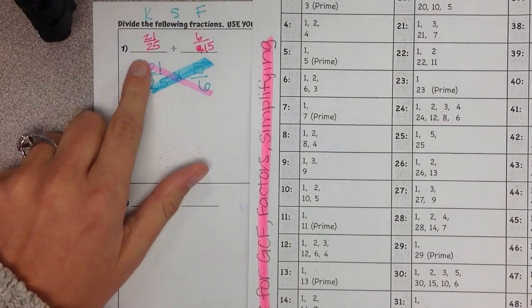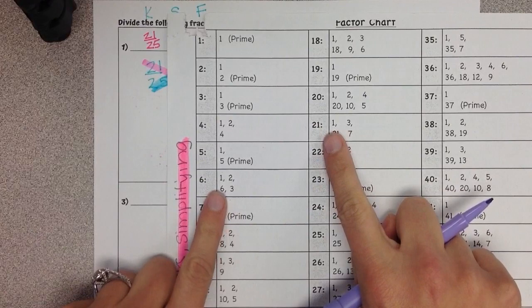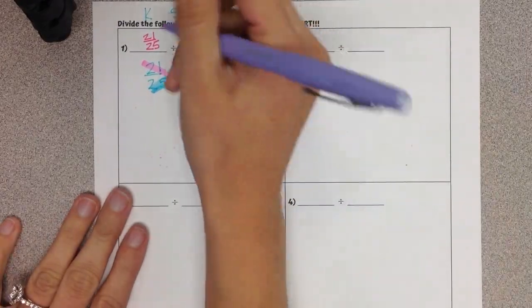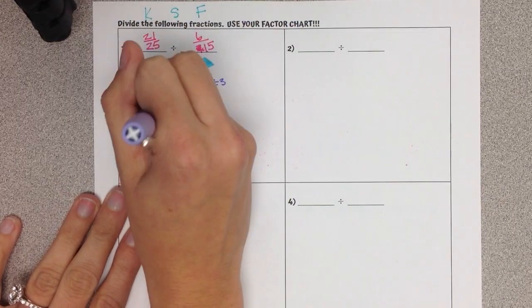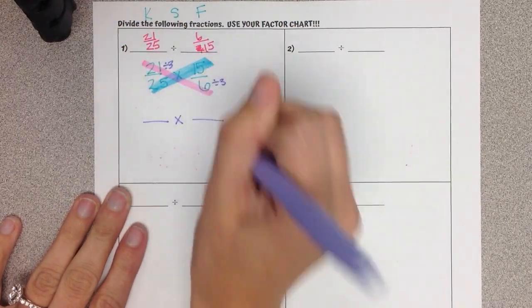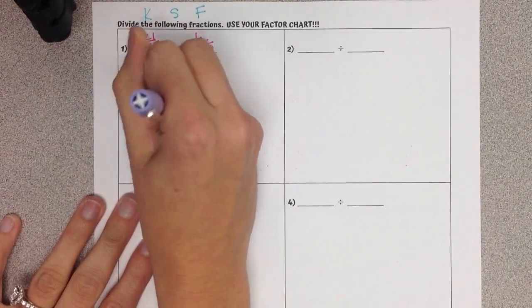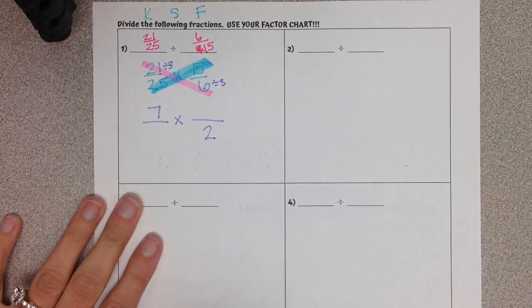If we look at 21 and 6, the biggest number that they both divide by is 3. I'm dividing the 21 by 3, and I'm dividing the 6 by 3. I'm going to rewrite my fraction below. 21 divided by 3 is 7. 6 divided by 3 is 2.